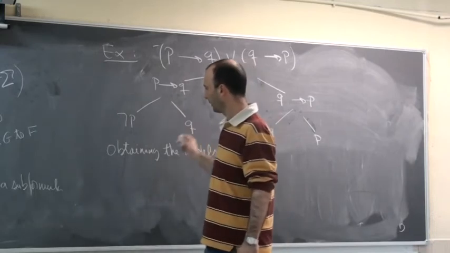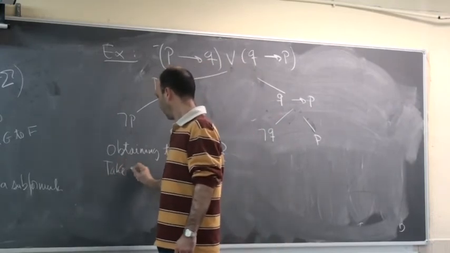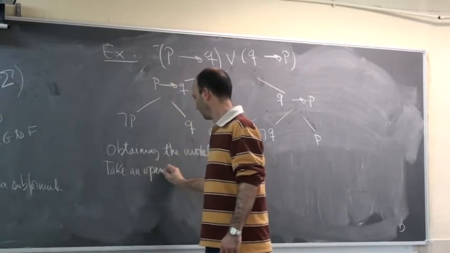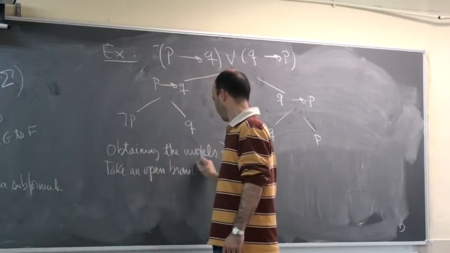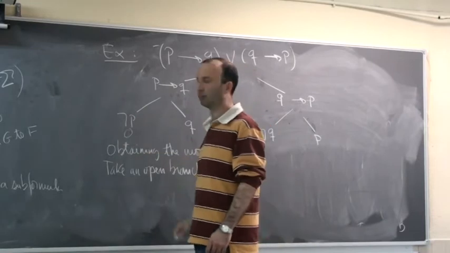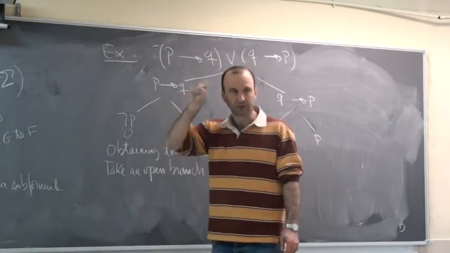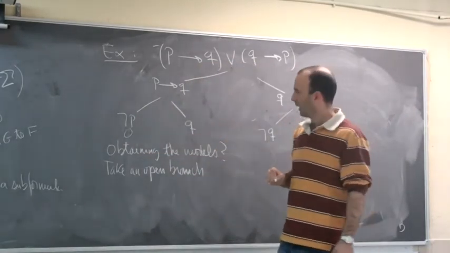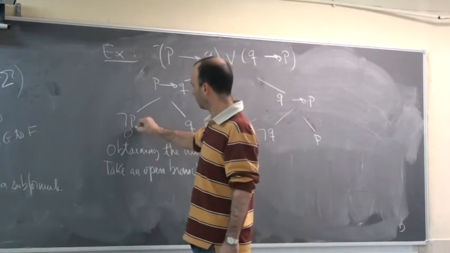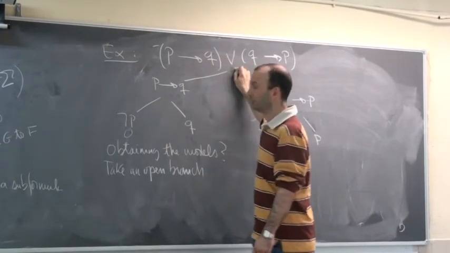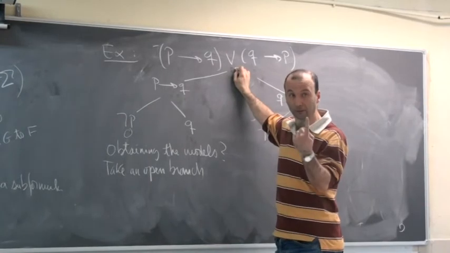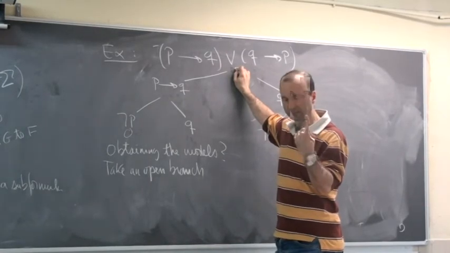Okay, I take an open branch, say that one. Typically you write a little O to say open. And go from the node to the root. I just take one path, because it is a tree.